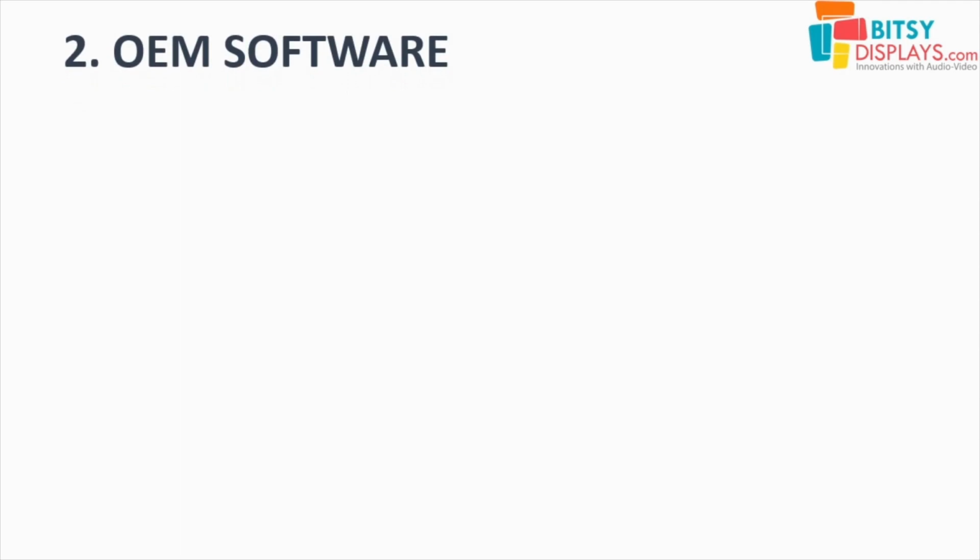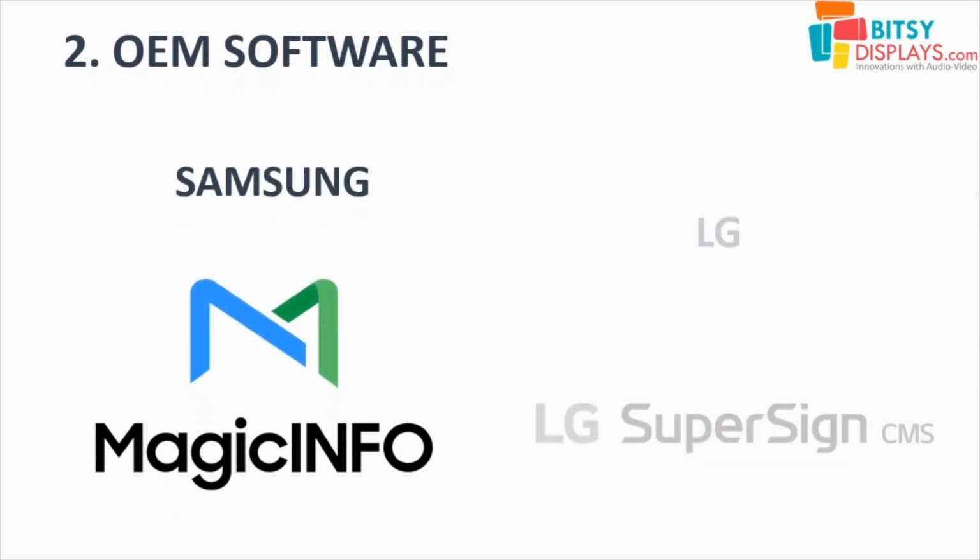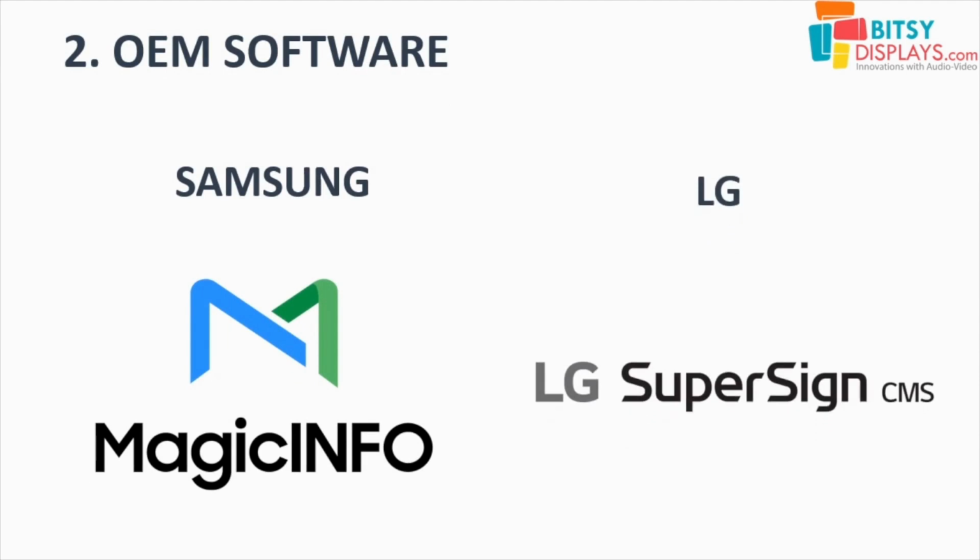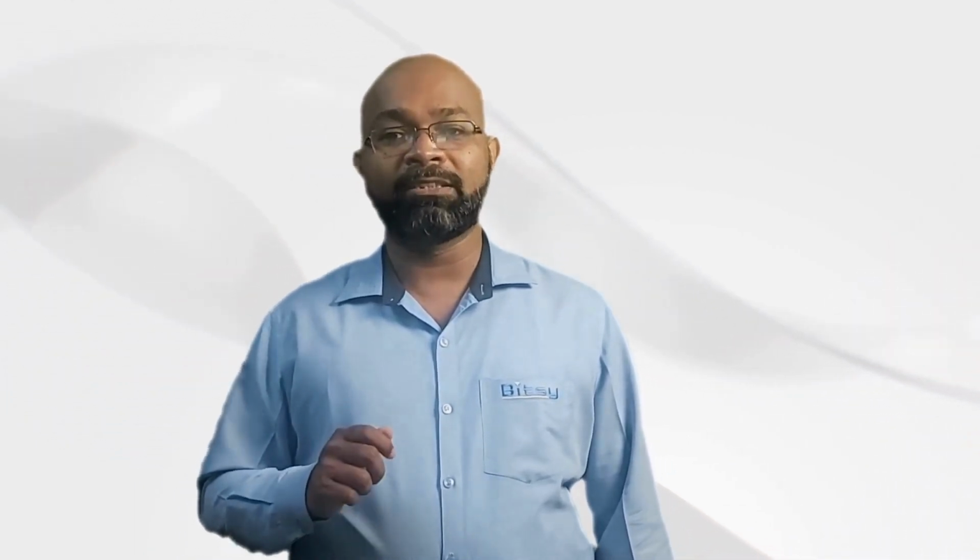Inbuilt digital signage software. Lots of brands like Samsung, LG have inbuilt digital signage software like Magic Info by Samsung and SuperSign CMS by LG, which they offer free, but most of the time it can run locally, and if you want to manage remotely, then you have to pay a good hefty price, and if you want some extra features which they do not have, then you are stuck with the brand.